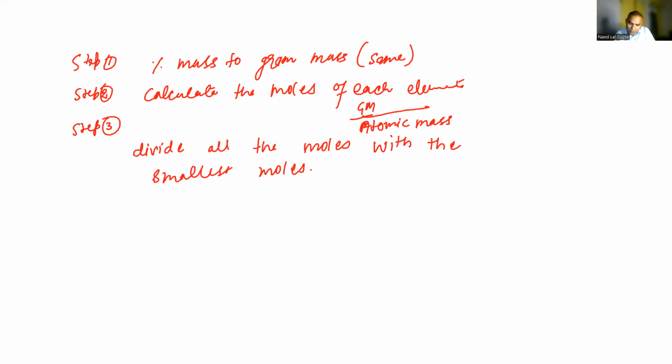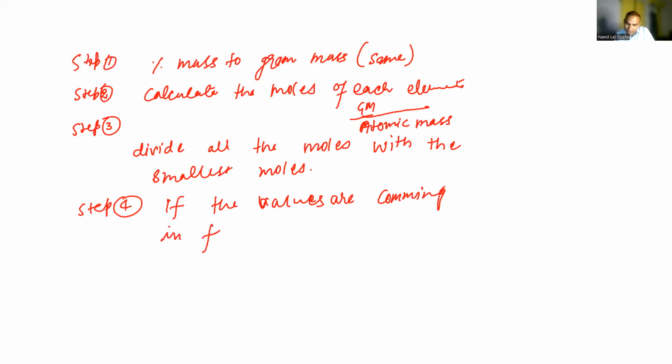Step number 4, they are saying, if the values are coming in fraction, then convert into whole number.